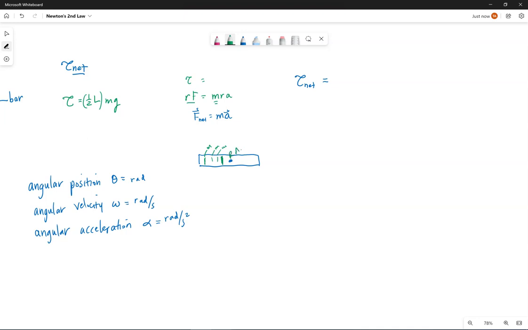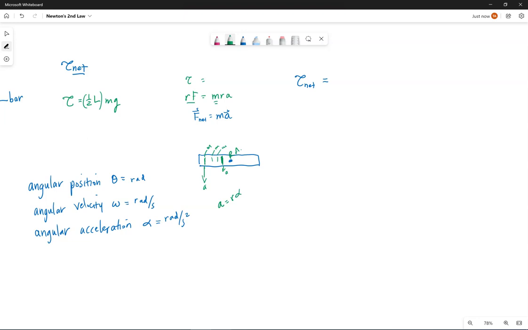rotation axis will have a different acceleration, A, than a piece of mass out here. These are the tangential or translational accelerations. Each piece of mass will have a different acceleration because they're different distances from the rotation axis.